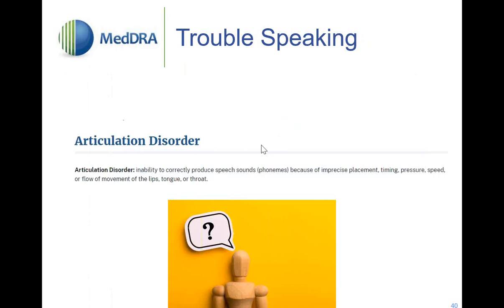Once I checked the definition, I thought, well, the term doesn't state that there's an inability to produce speech sounds. It just says they're having trouble speaking, right?